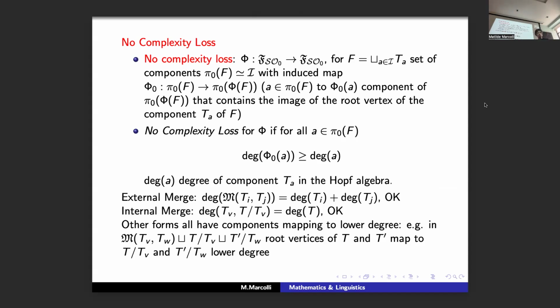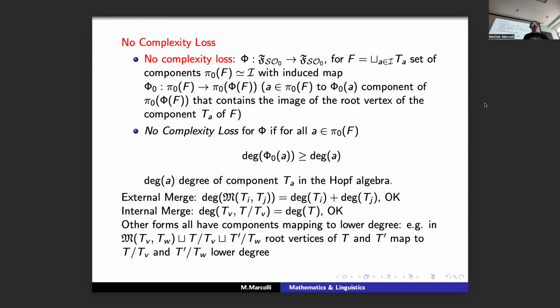And so external merge is fine because it's just adding the degrees. Internal merge is fine because it's just the same as the component that you start with. But if you take the other form, submerge, you will always have some term. So if I end up with a piece of my new workspace that is just a quotient, not merged to anything else, just the quotient itself, this means that the root vertex of this tree has ended up in a component that has lost something.